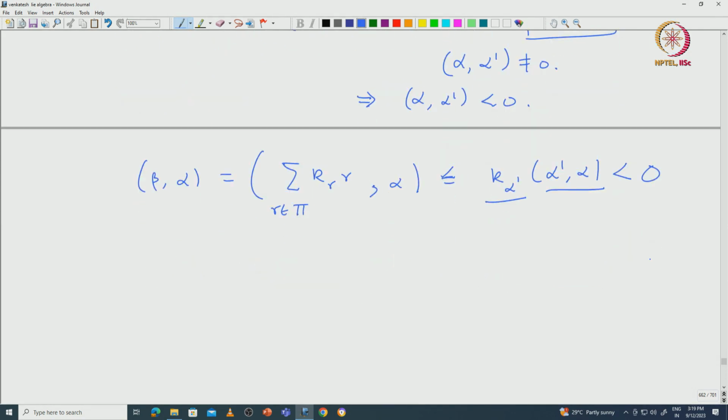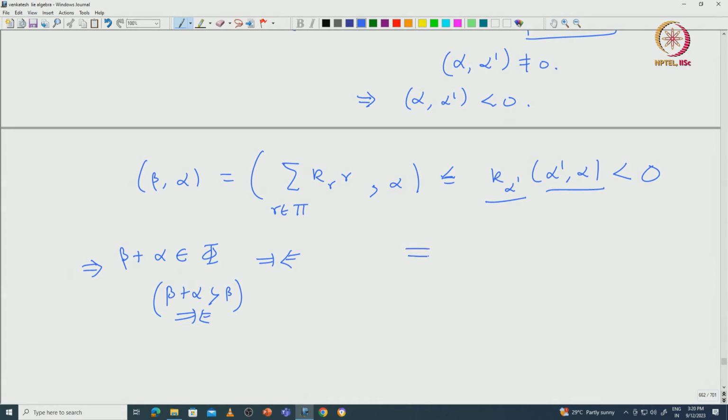Now, what happens if the inner product of beta and alpha is negative? From our earlier lemma, beta plus alpha must be a root. Because if the inner product is non-zero and negative, then beta plus alpha must be a root. But that is a contradiction, because this says beta plus alpha is bigger than beta, and beta is a maximal root by choice.